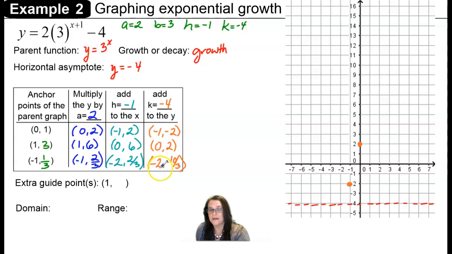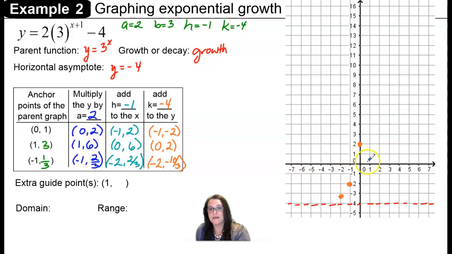And then (-2, -10/3) is negative 2, and then negative 3 1/3. And we can see here how the curve is going to come along this horizontal asymptote, bend to turn through these anchor points, but I don't know how steep I should come up as I come across that y-axis.